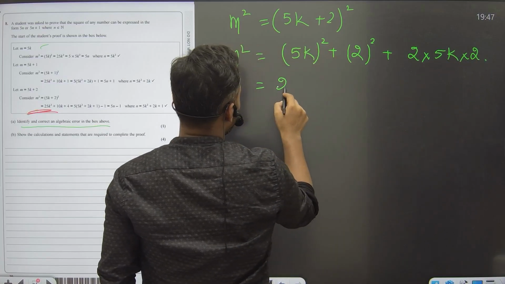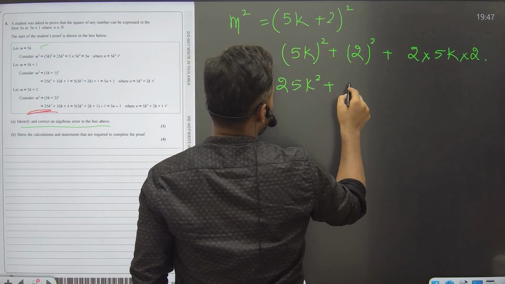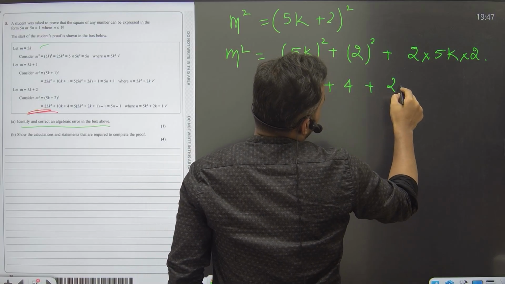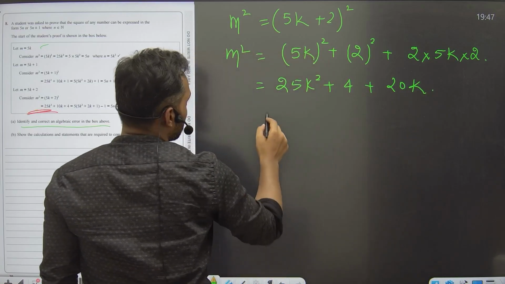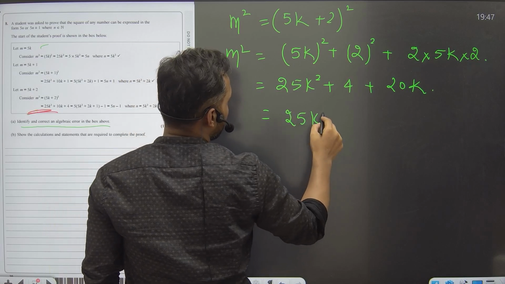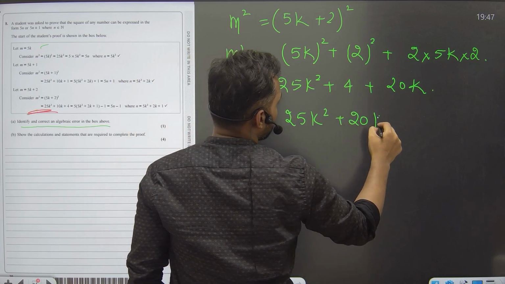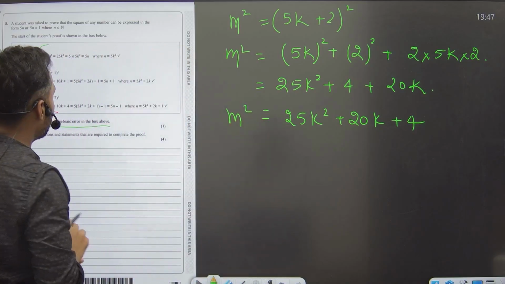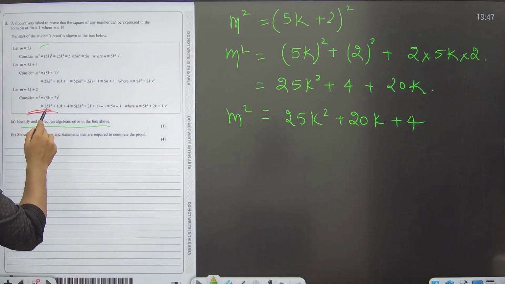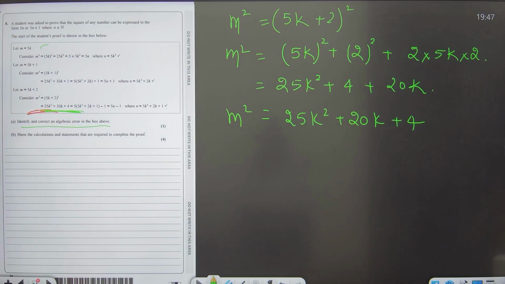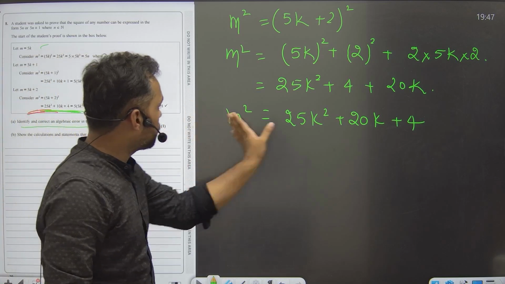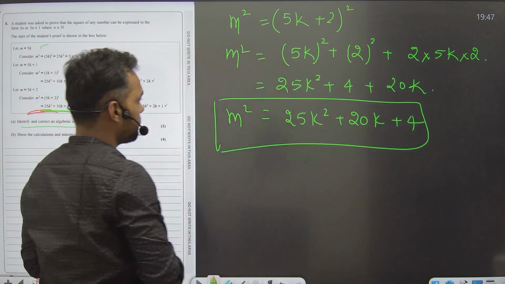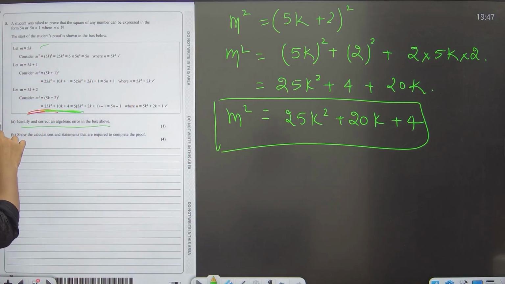So it will be 25k square plus 4 plus 20k. You will get 25k square plus 20k plus 4. Here the student made the mistake. He has written 25k square plus 10k plus 4. The expression should be like this. So this is our correct format for part A.